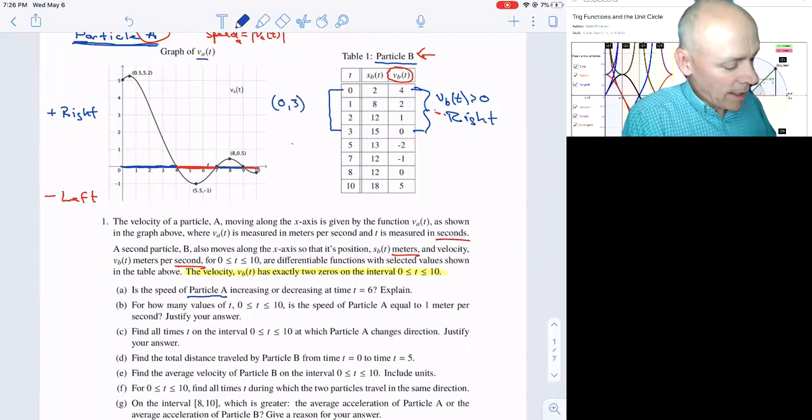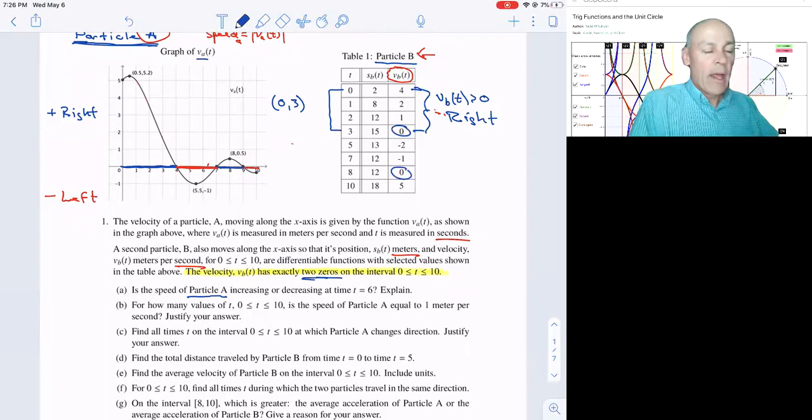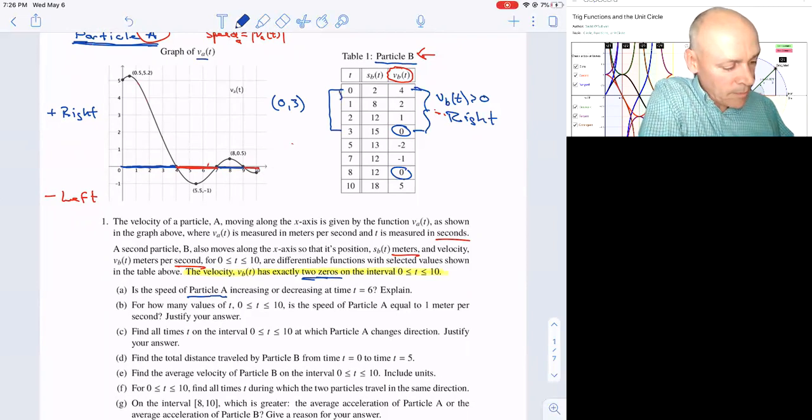Now, this is where it's important when they told us the velocity for particle B has exactly 2 zeros on that interval. Okay, well, here's my zeros. There's a 0, and there's a 0. That means in this interval right here, from time 0 to time 3, my velocity never goes negative and then comes back positive.